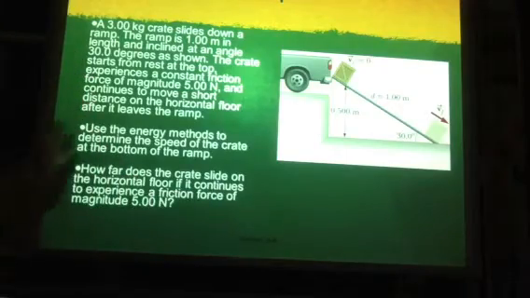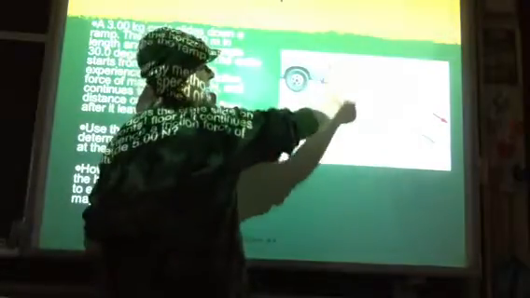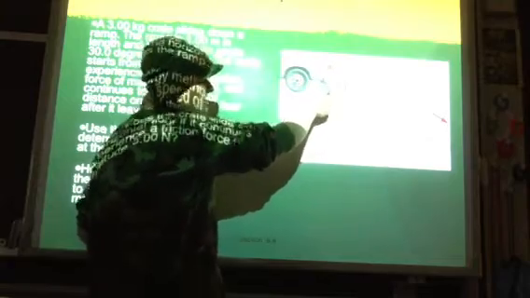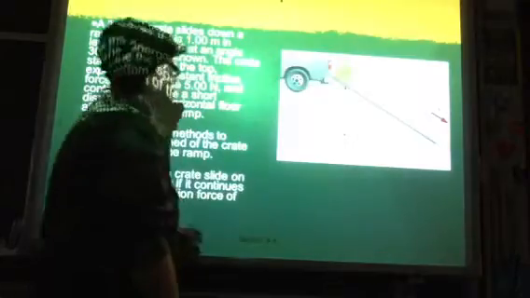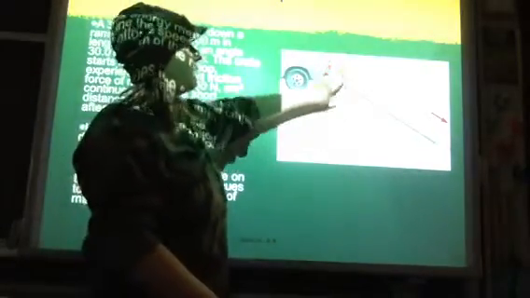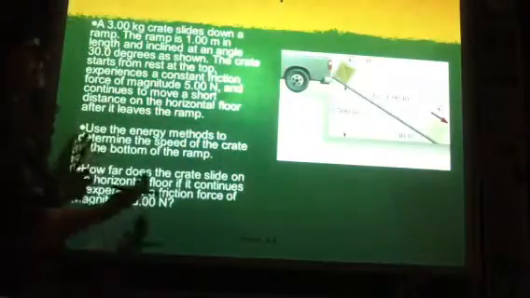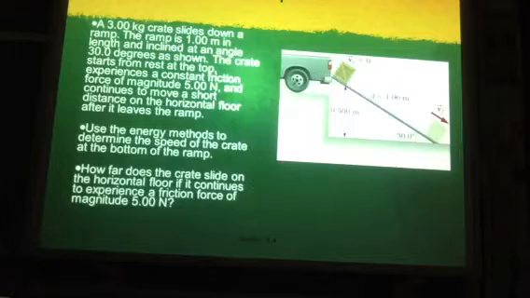And remember, let's just go back and think that we had this crate, and this crate was going to slide down the ramp, and the ramp has a length of 1 meter. It is 0.5 meters above the ground, and it's at a 30-degree angle. And in that first part, we just wanted to find the final speed of that crate as it hits the bottom of the ramp.